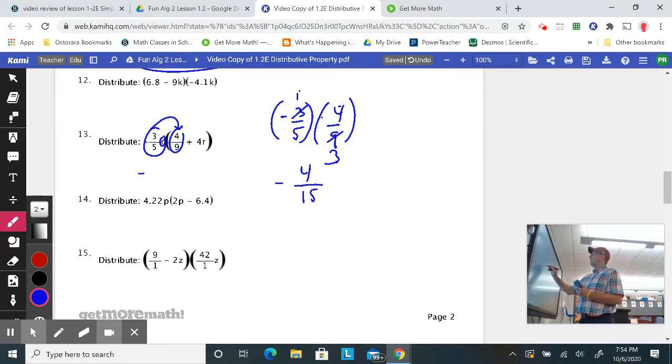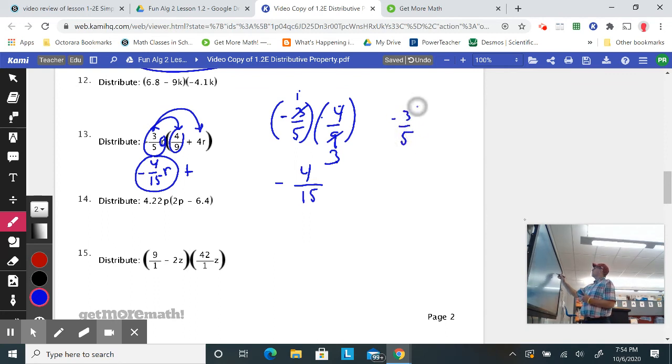So it'd be -4/15. Remember, there's an r there and an r next to it. Plus the -3/5 times 4r. So now I go off to the side, -3/5 multiplied by 4, which is 4/1.